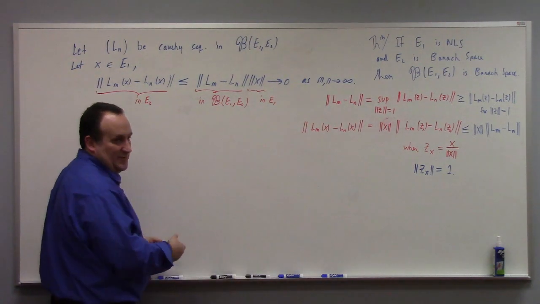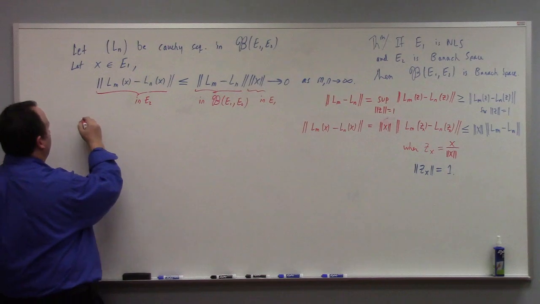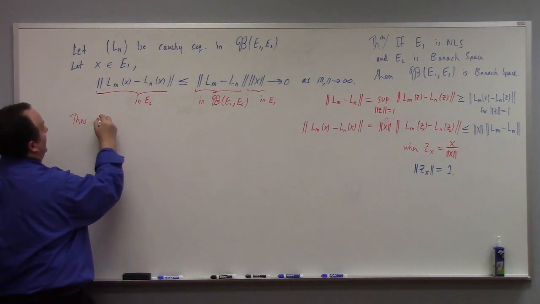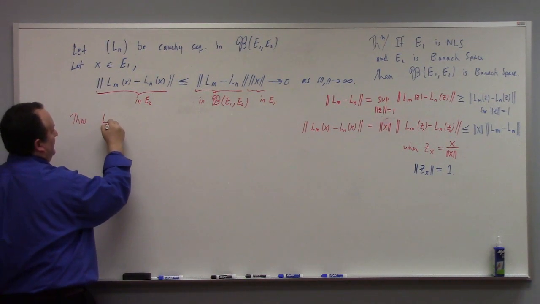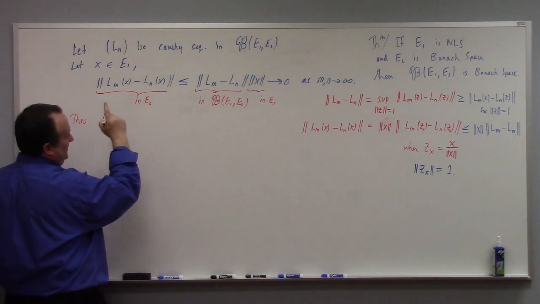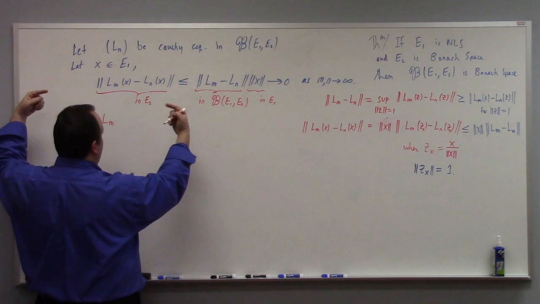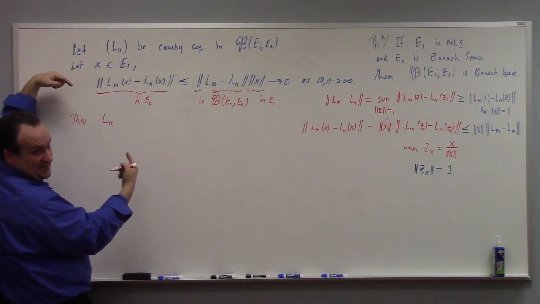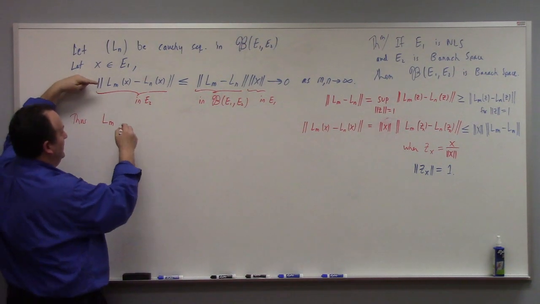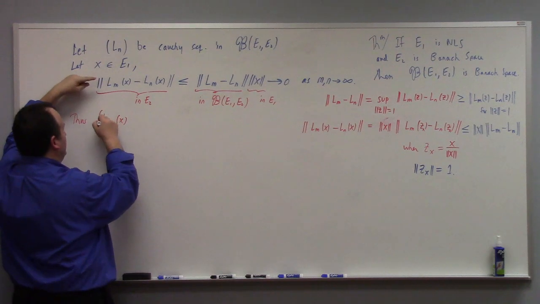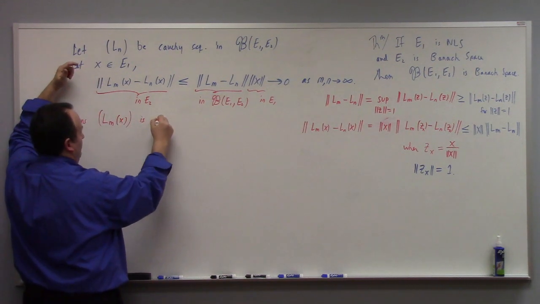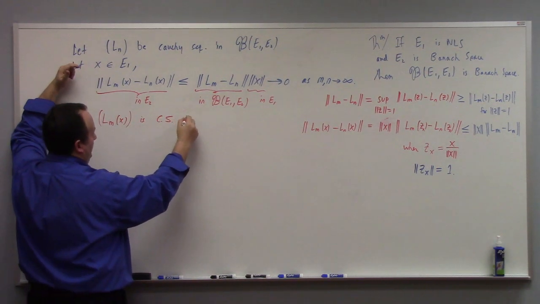What's all this mean? Well, we take a Cauchy sequence in the bounded linear maps from E1 to E2, and what did we just get? We just got that Lm of x is a Cauchy sequence, where?